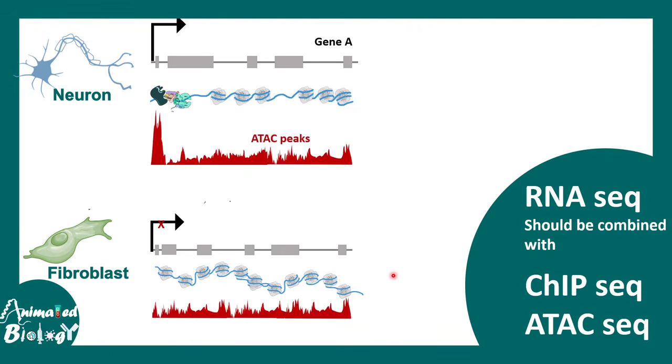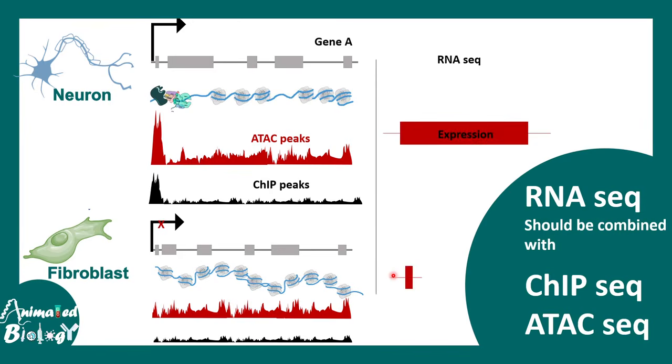We need to look at ATAC-seq peaks. ATAC-seq is a technique which tells us how accessible the chromatin is. In order for transcription to happen, chromatin needs to be accessible. One can look at the ChIP-seq peak for a particular histone mark or a transcription factor binding, then combine this information with RNA sequencing to get a holistic view about the transcription of a particular gene in a particular cell type or context. That means multiple high-throughput sequencing approaches need to be combined together to derive a conclusion.